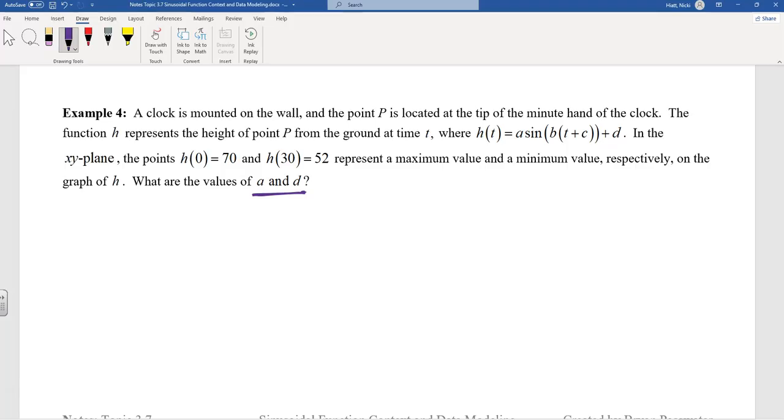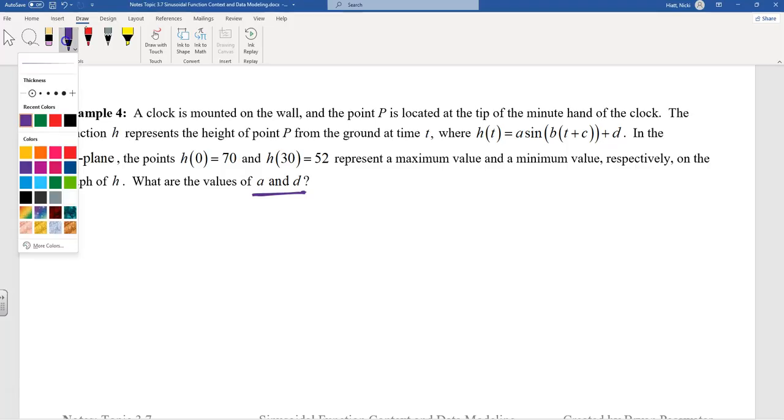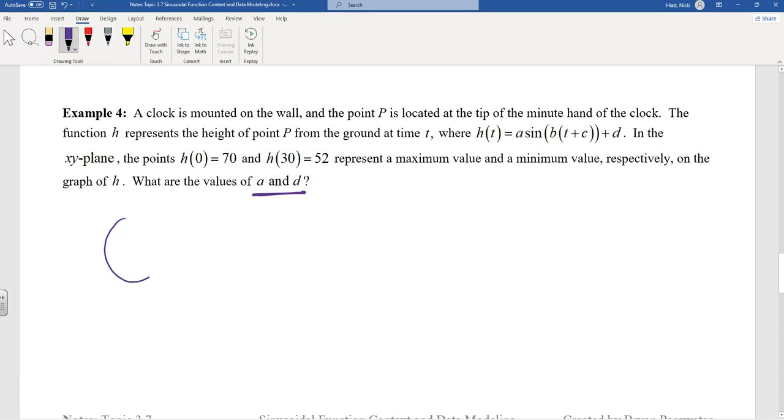Okay, so we can think of this a couple ways. We can think of the clock itself, right? So here's the center of our clock.